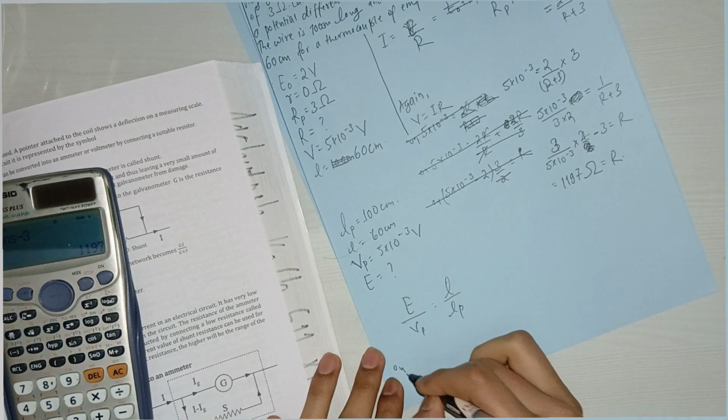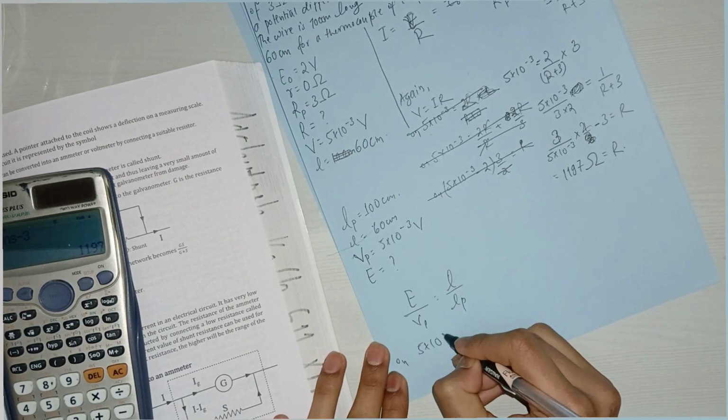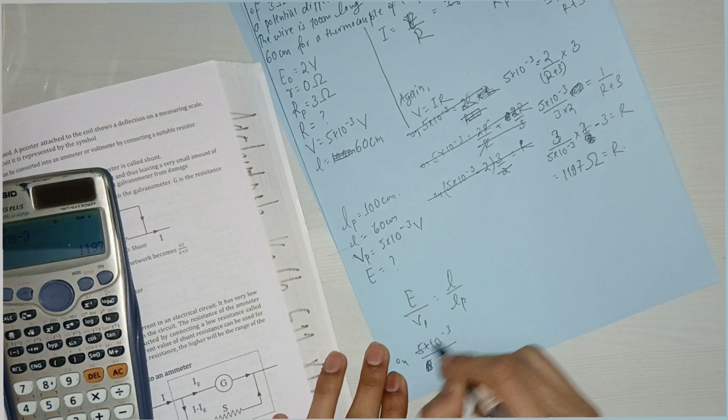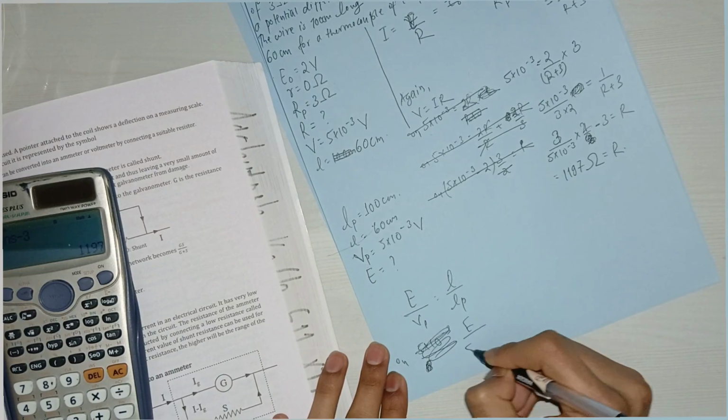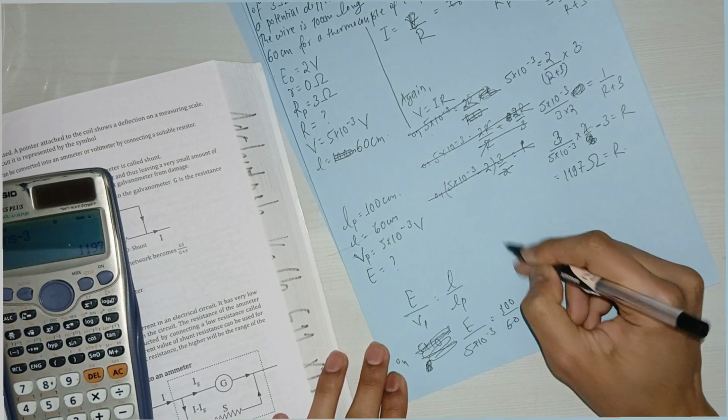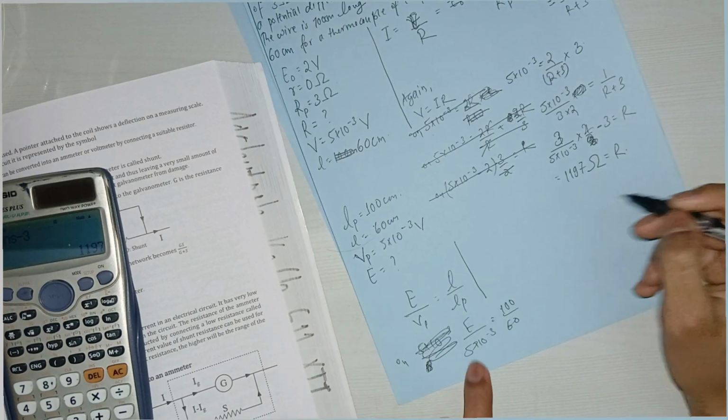That means E will be equal to 5 into 10 to the power minus 3 divided by VP is 5. E by 5 into 10 to the power minus 3 equal to L is 100 by 60.